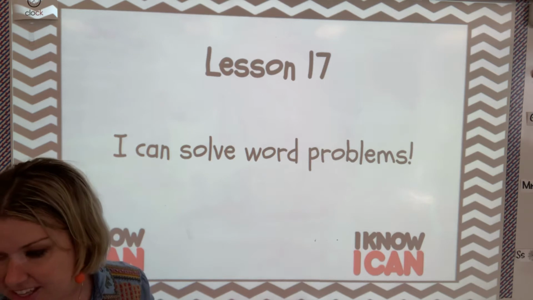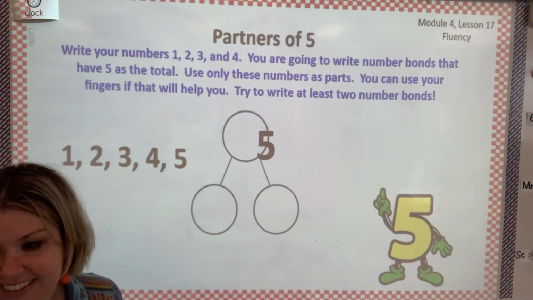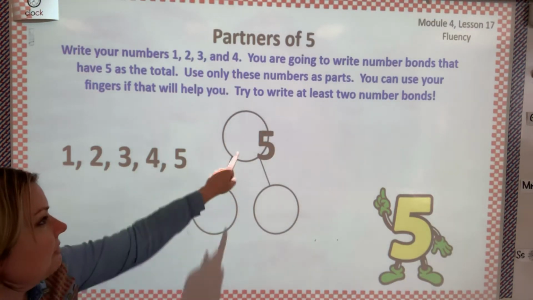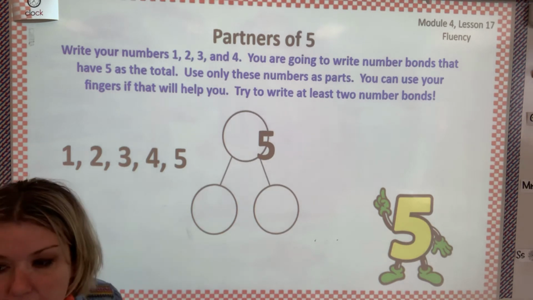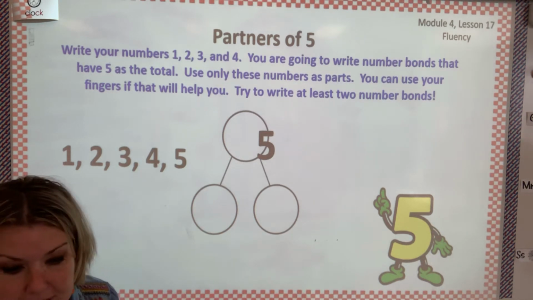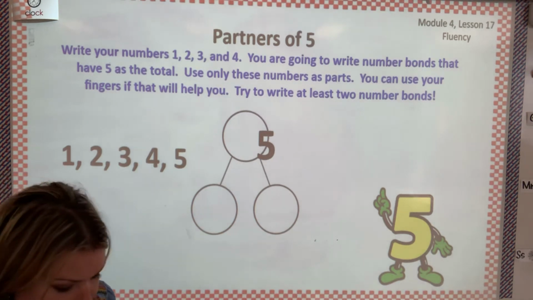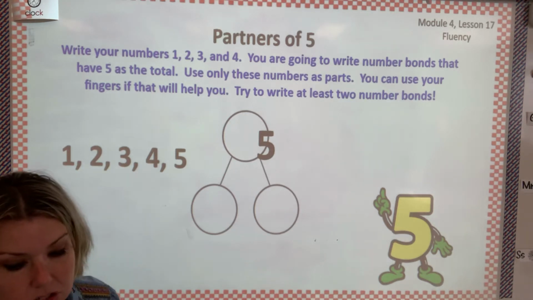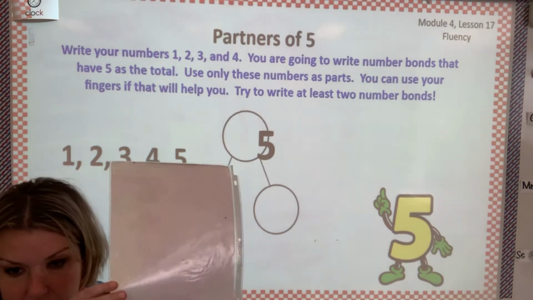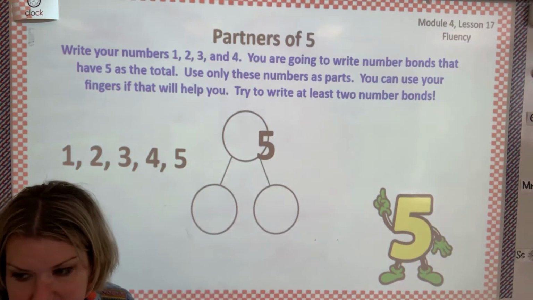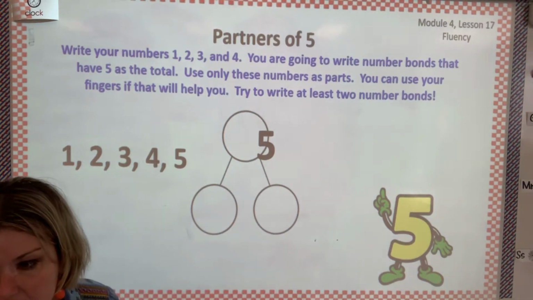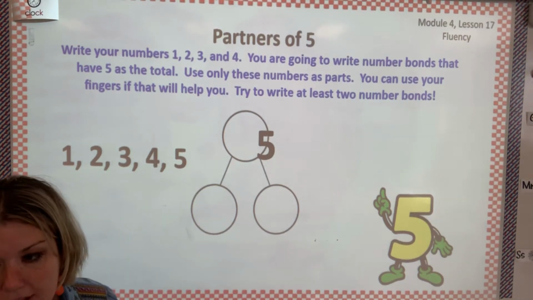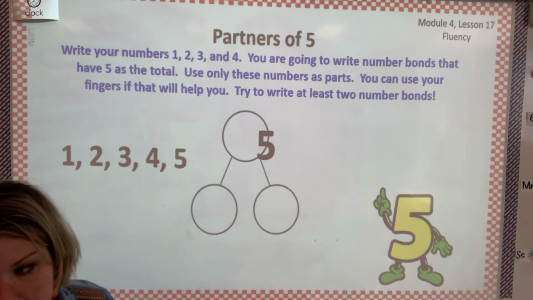Let's go ahead and look at our warm-up. So, my 5's not fully in the circle. If you have your number bond template, you can use that, or you can just draw a number bond on your whiteboard. And write your numbers 1, 2, 3, and 4.